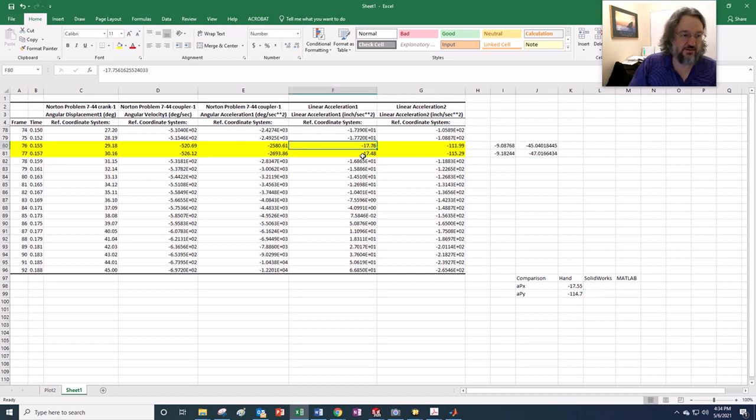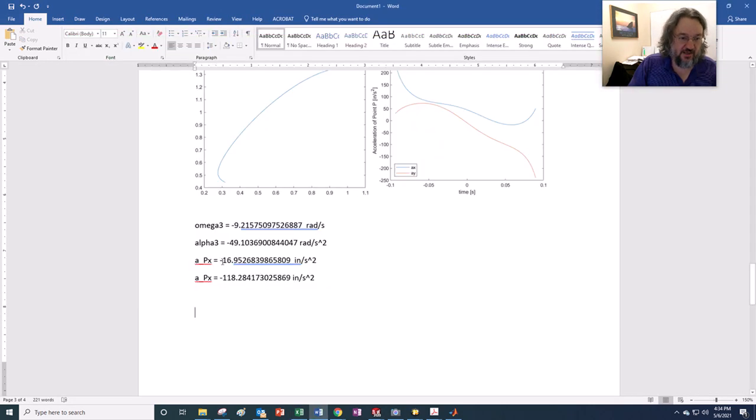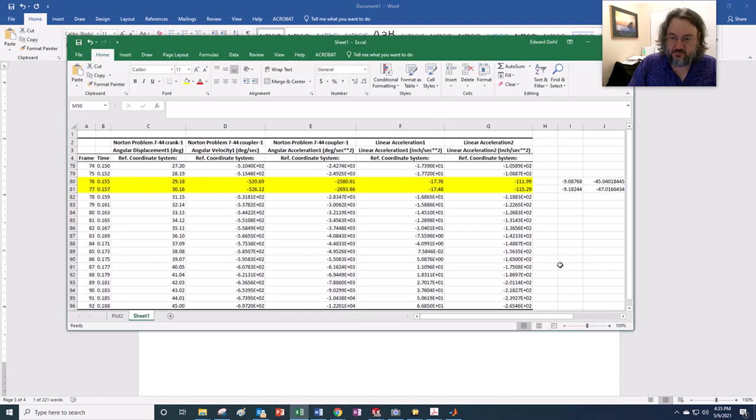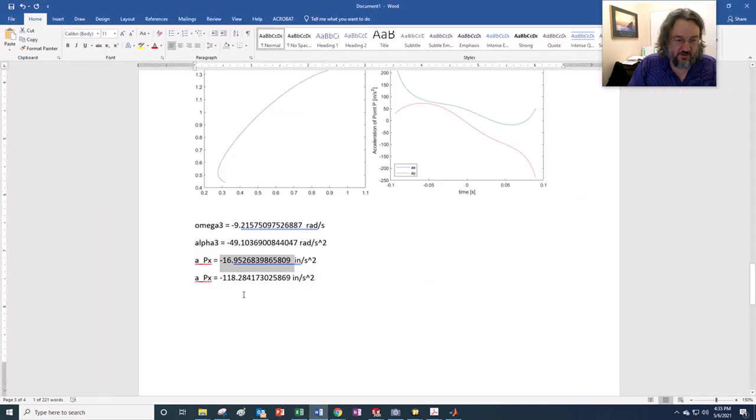We could just say that it's, and this is probably the closer of the two, so we'll put that in there. Boom, and here, boom, and then by way of MATLAB, let's see. MATLAB said this. MATLAB said that, and MATLAB said that.